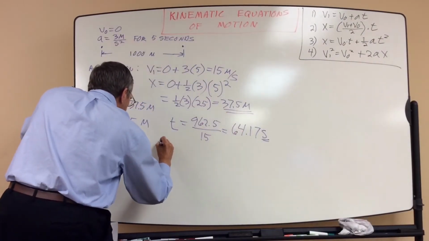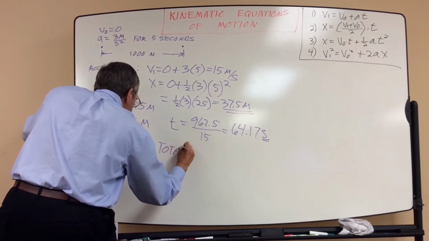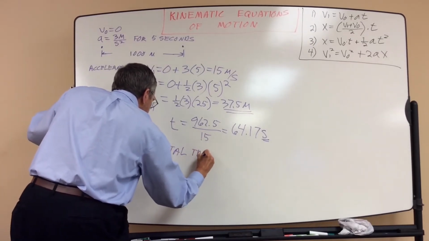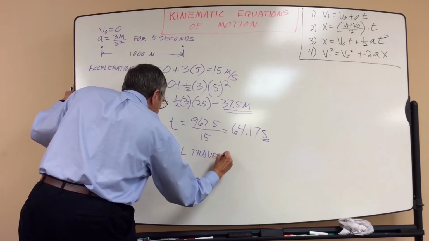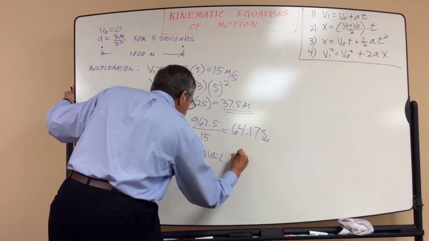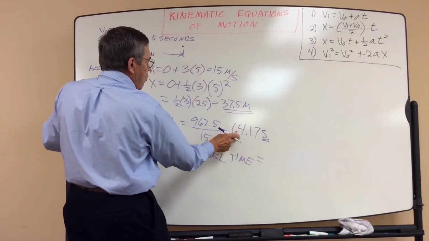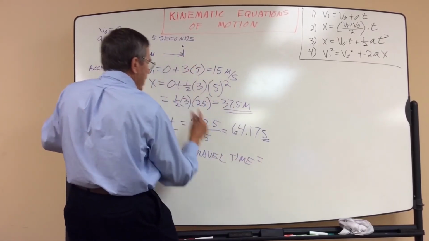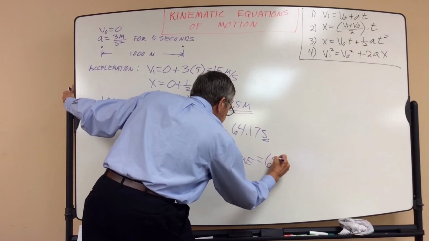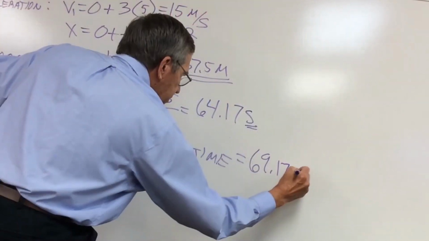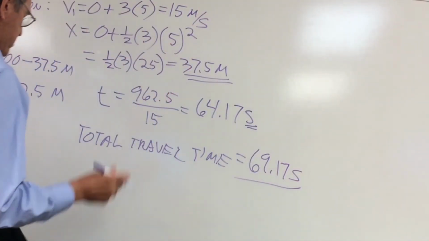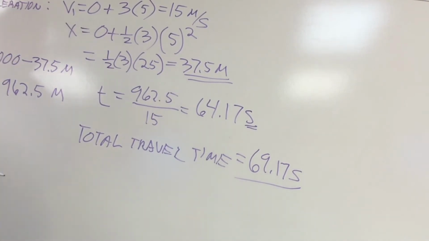So total travel time is going to be 64.17 plus the 5, so that's 69.17 seconds. Okay? Which would get us to the end of that particular trip.